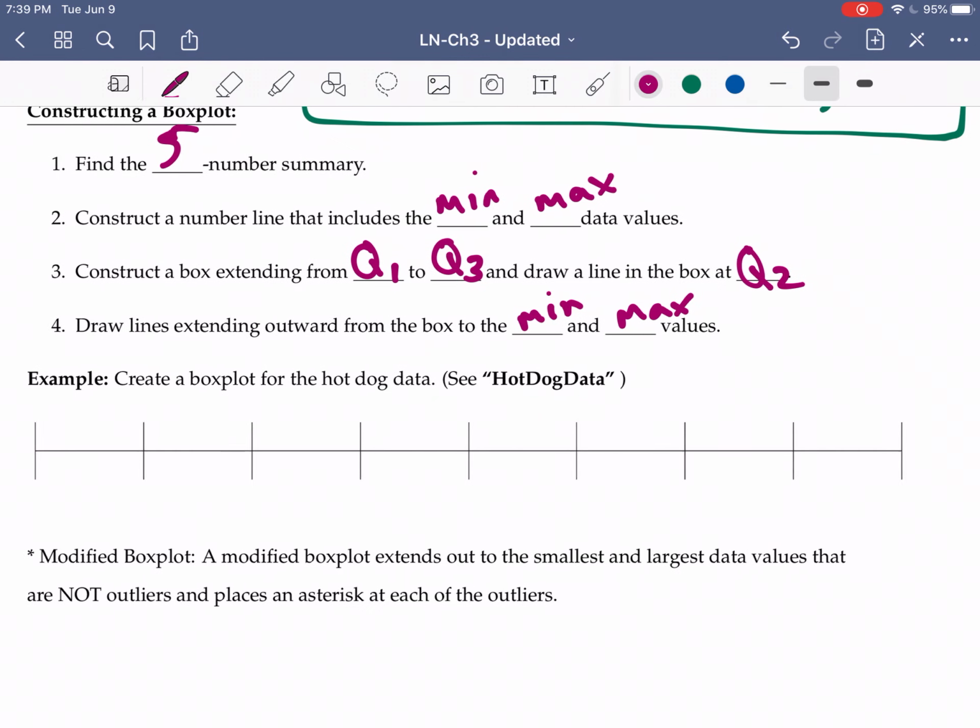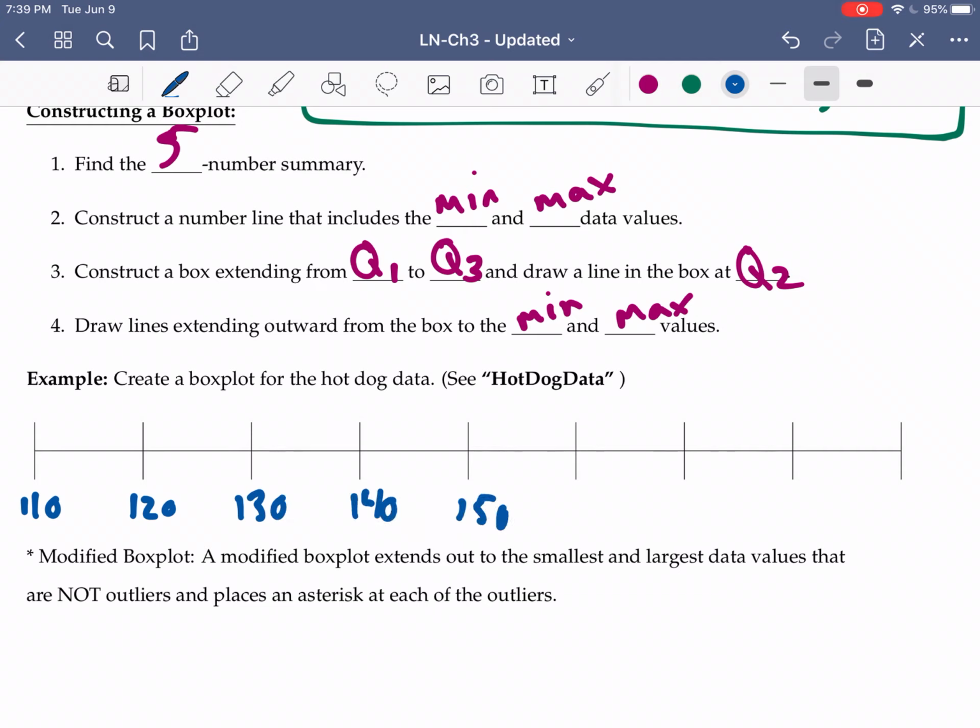So here we have a number line. Let's just call this 110, 120, 130, 140, 150, 160, 170, 180, and 190.